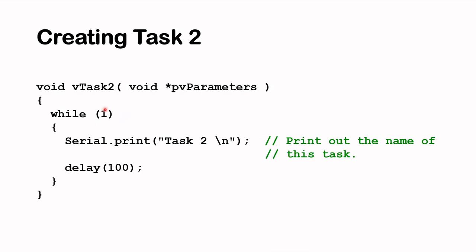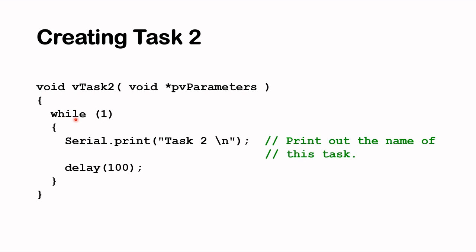Then creating the second task. This is all identical to the first task, except in the Serial.print I have a slightly different message. I have "task 2" as the message. And again, this is in a while loop.